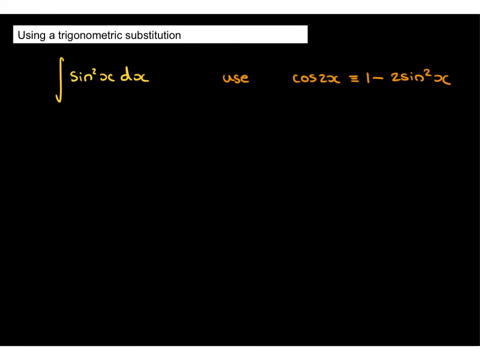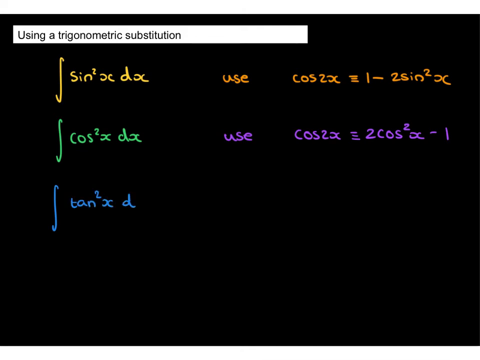If you are carrying out the integral of cos squared x with respect to x, you need to make sure you are using a different identity for cos 2x. The identity cos 2x is equivalent to 2 cos squared x minus 1. And if you are carrying out the integral of tan squared x, then use the identity 1 plus tan squared x is equivalent to sec squared x.